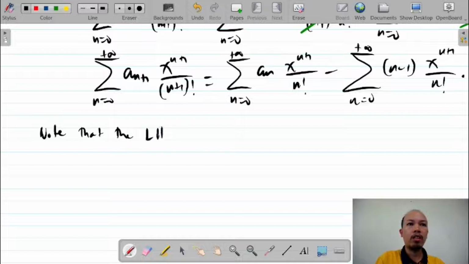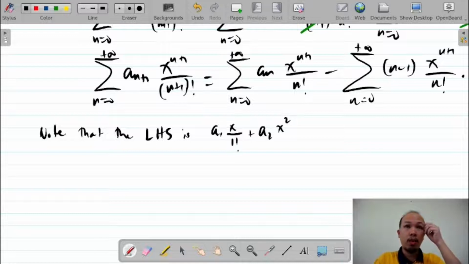is, so if you try to expand, when n is equal to 0, this is a sub 1 x to the 1 over 1 factorial, plus this is a sub 2 x squared when n is equal to 1 over 2 factorial.